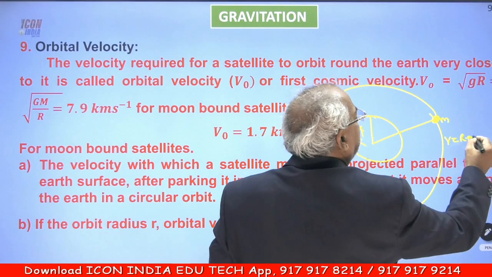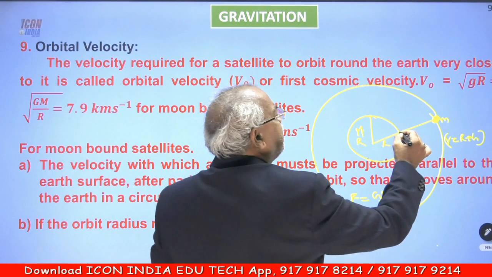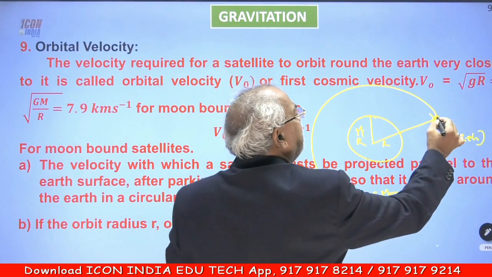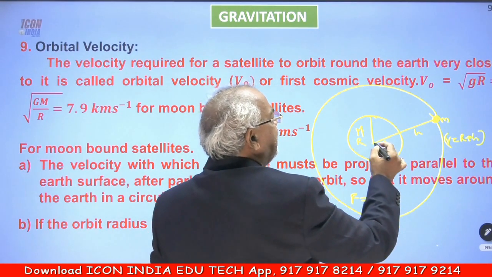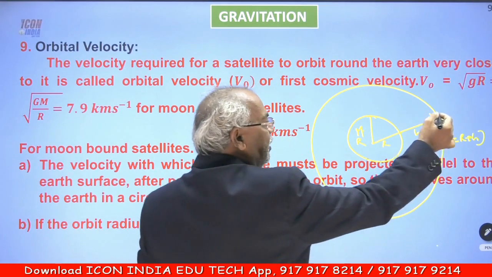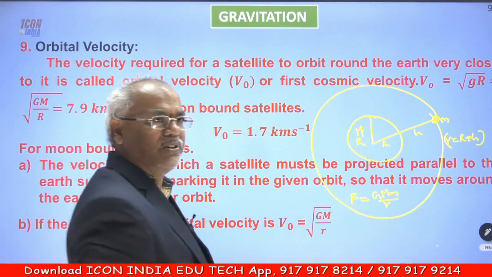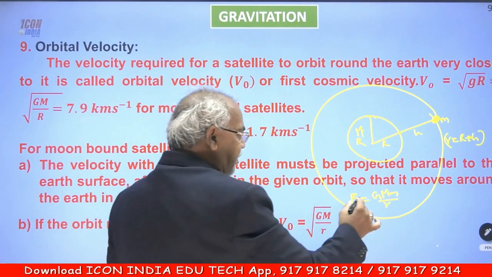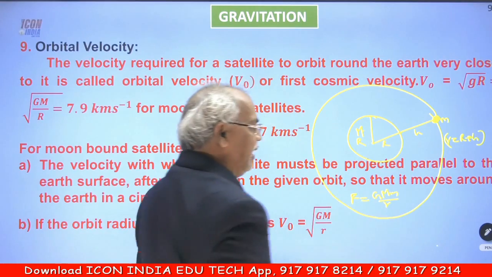This is the R radius, and from the surface of earth to this satellite is h. So the total distance from the center of the earth to this satellite is small r equal to R plus h. So it is the gravitational force between this earth and satellite.